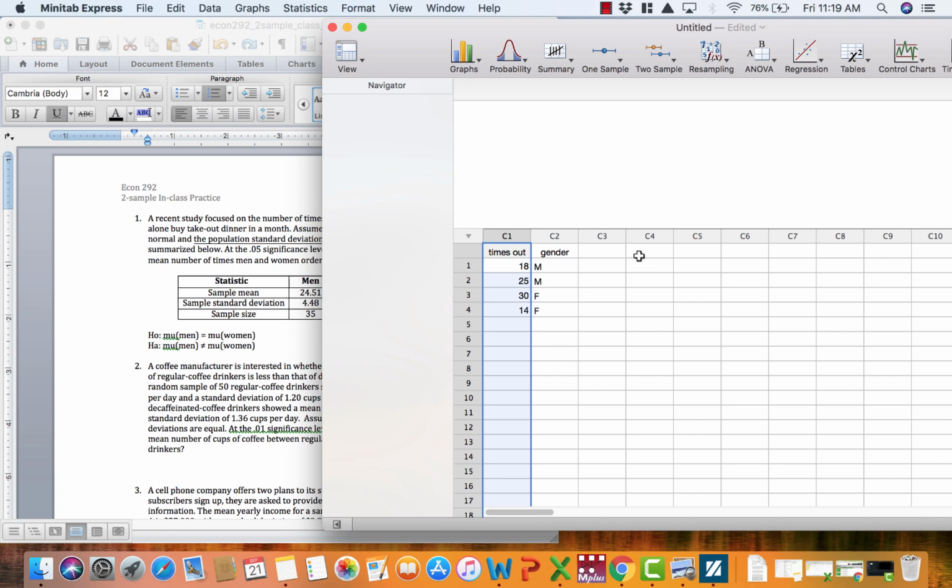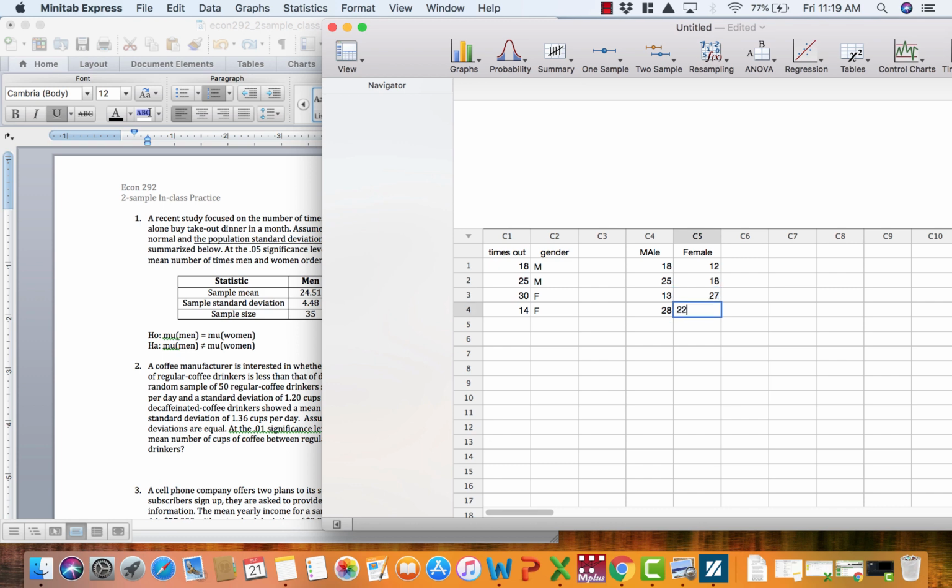The other option is going to read each sample is in its own column. So that would be a situation where you would have a male column and you would have a female column, and then you would have all the male numbers and you would have all the female numbers.